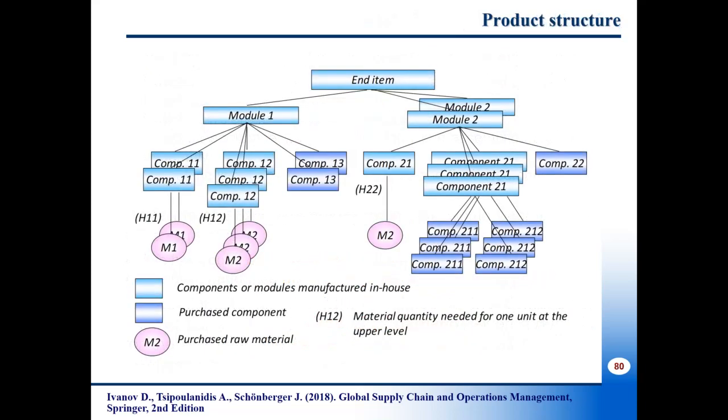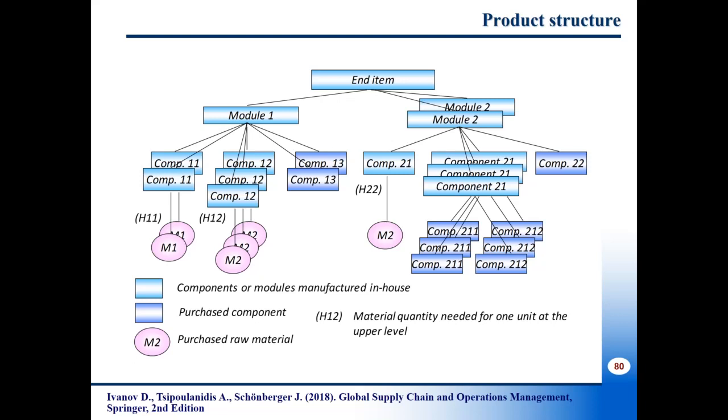In this slide, there are three distinct items to be assembled. Turquoise rectangles stand for end items or modules that are produced in-house. Blue is for the purchased components and pink ellipses for purchased raw materials.